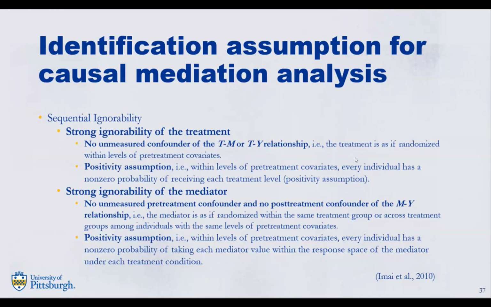This is actually very important for a causal analysis because in the real world, these assumptions can rarely hold. It's highly likely that you omit some confounders from the analysis arbitrarily because you don't have enough power, or in the data collection stage you didn't measure some confounders. It's all possible. So you cannot say that these assumptions hold. Usually these assumptions do not hold.